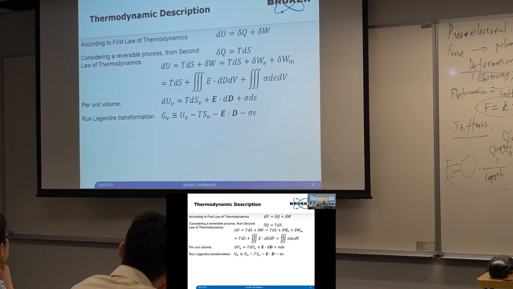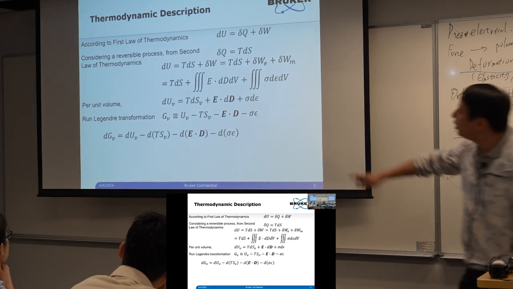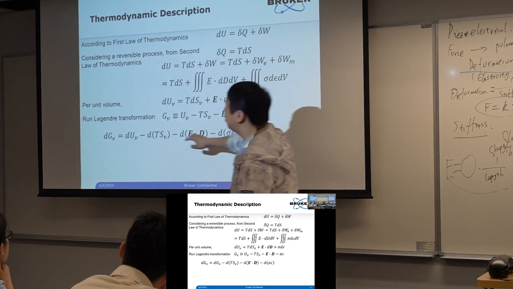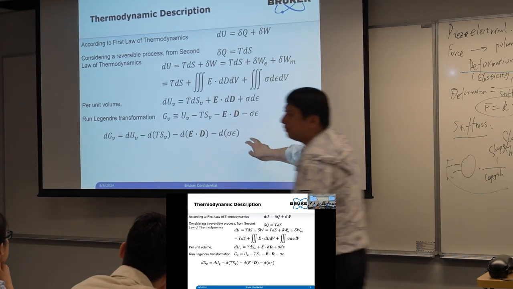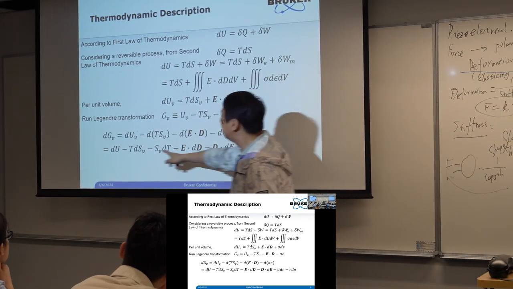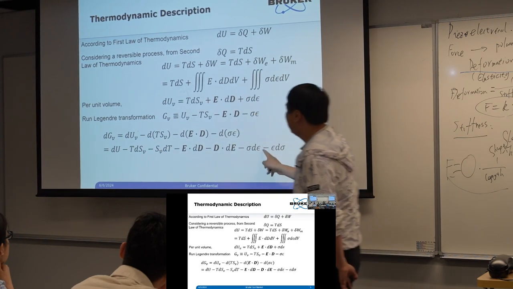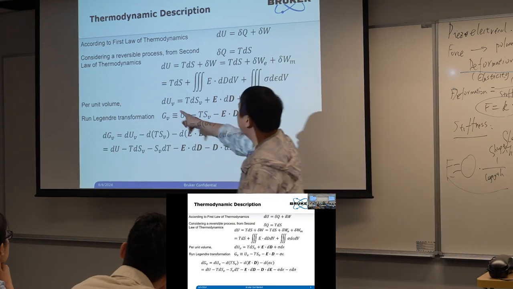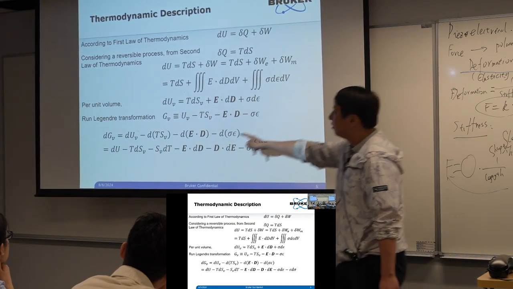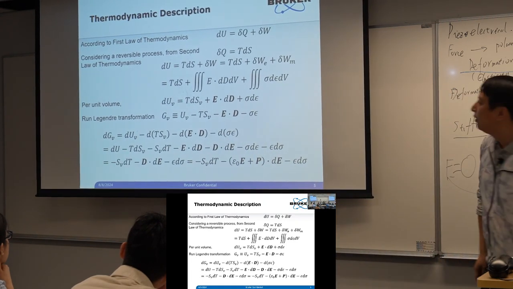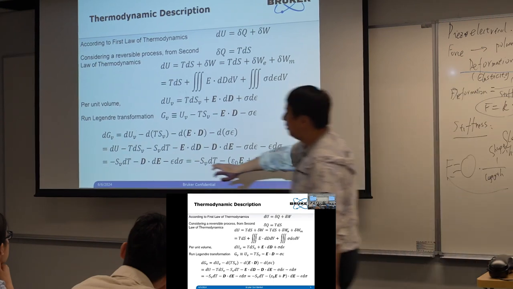And then for this new function, we take the full derivative. For the full derivative, we just take the derivative of every term, and we can expand and get this. And then we already know the dU equals this one. So the dU minus those things, the final thing we get is this.